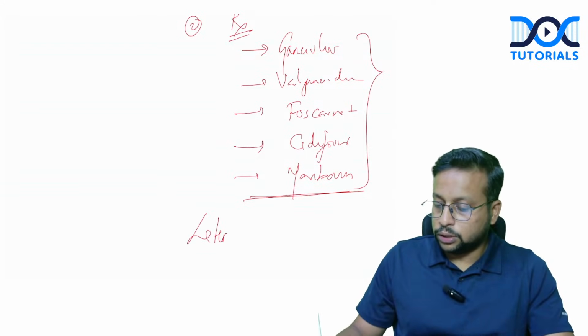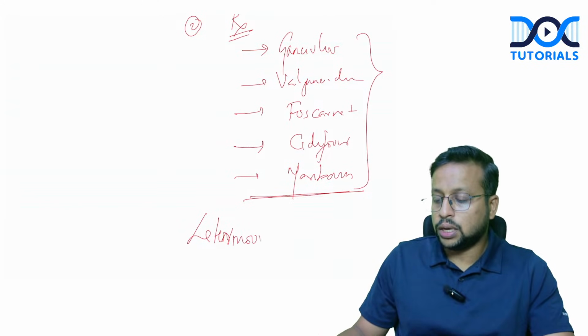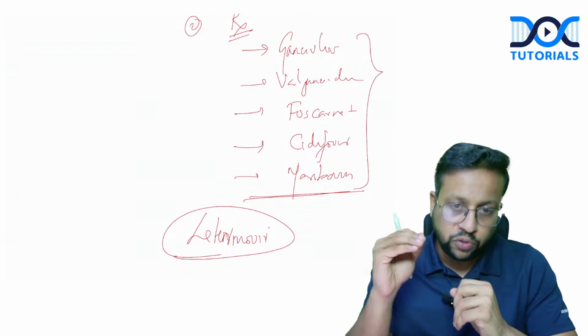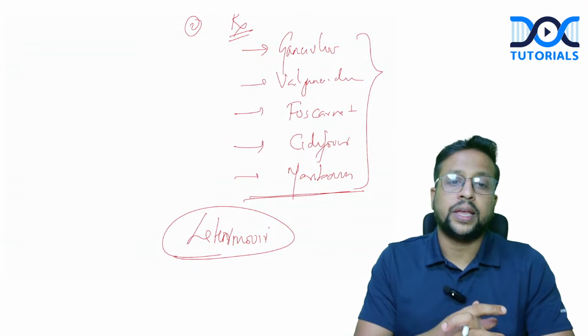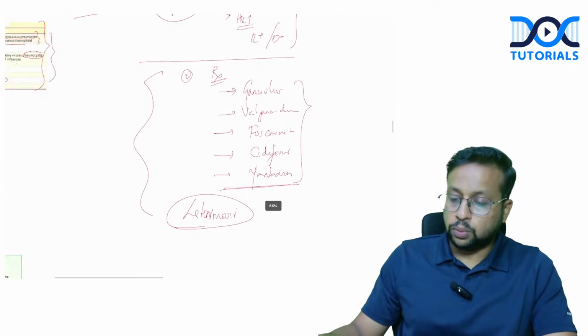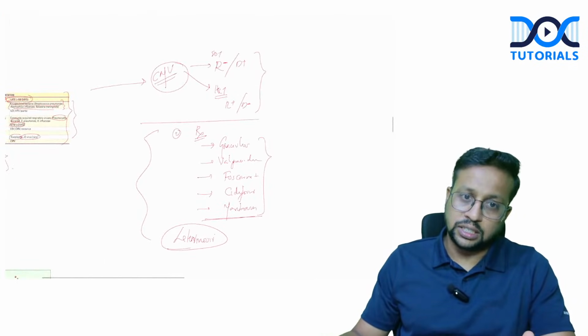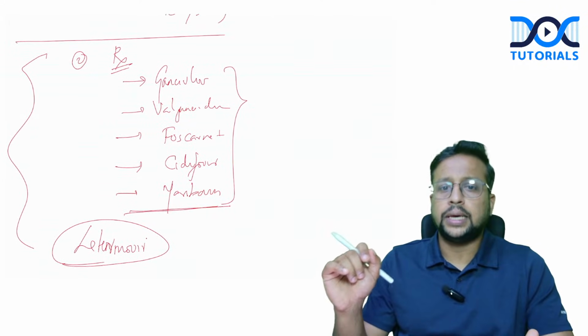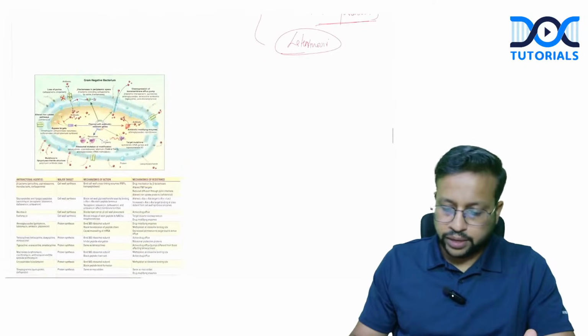Also learn about this relatively new molecule called letermovir, used as prophylaxis in patients who undergo hematopoietic stem cell transplantation. That is in the chapter on HSCT, and there is also a separate chapter in Harrison on CMV. So both have to be looked at very carefully.